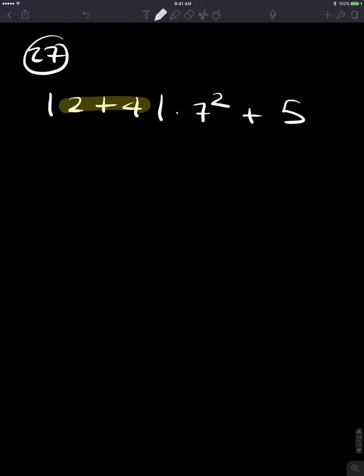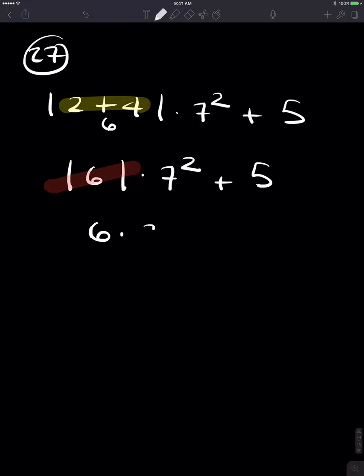So I have to do what's inside my absolute value. 2 plus 4 is 6. This is the absolute value of 6 times 7 to the second power plus my 5. The absolute value of 6 is +6.